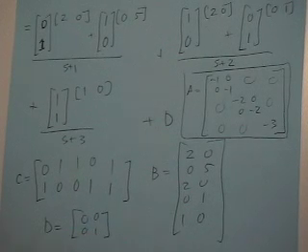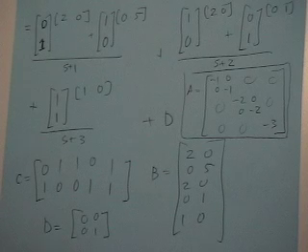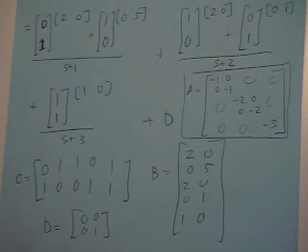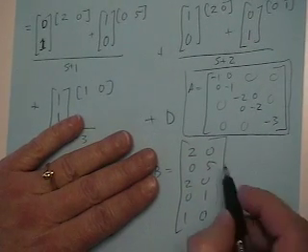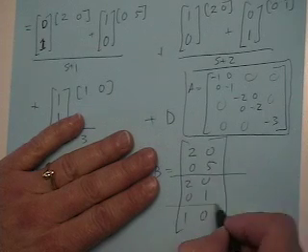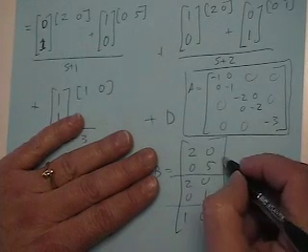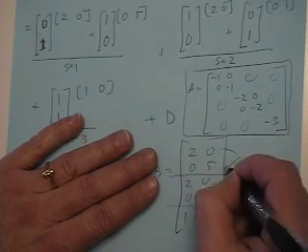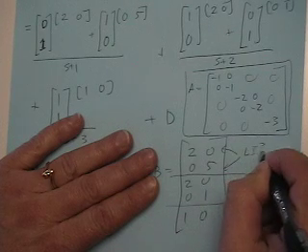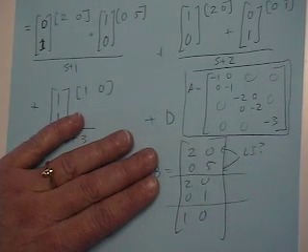Okay, now to check if it's a minimum realization, we need to look at the rows of B for the controllability and the columns of C for the observability. So let's look at the rows of B first. Remember we have repeated eigenvalues, so we need to check, are these two linearly independent for this repeated eigenvalue?